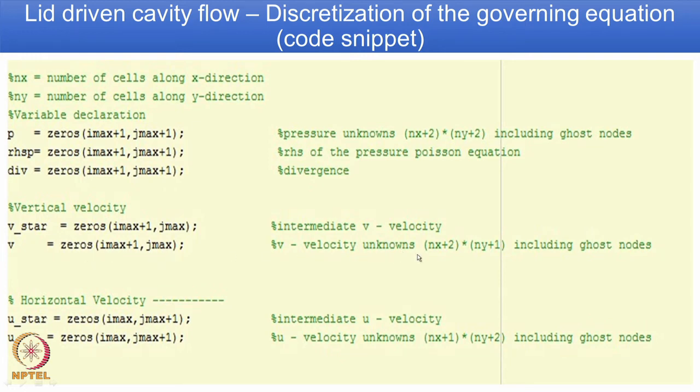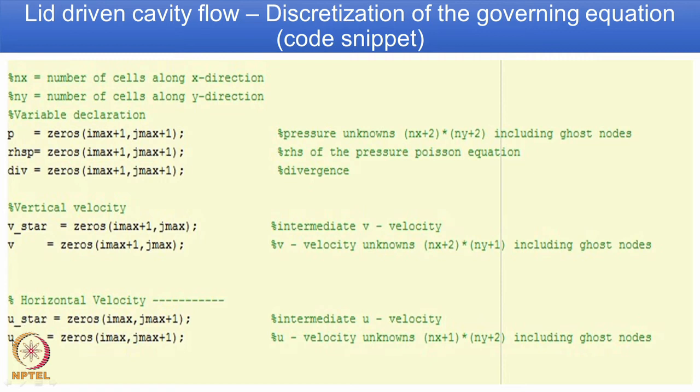So, V is a velocity unknown, this is with Nx plus 2 multiplied by Ny plus 1, because when you solve the V momentum equation you require ghost nodes in the other direction. So, that is why it becomes Nx plus 2, and Ny plus 1 is the number of nodes available in the y direction itself. Similarly, for u velocity, which is otherwise the horizontal velocity.